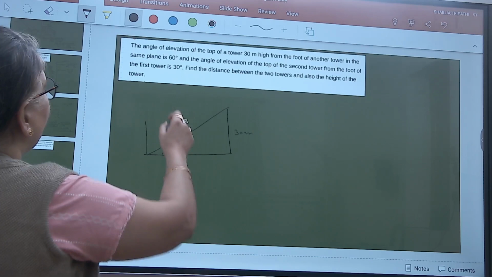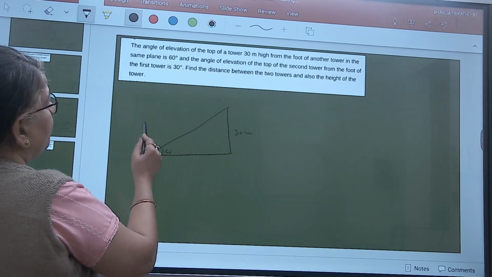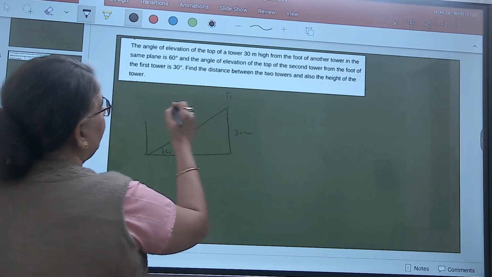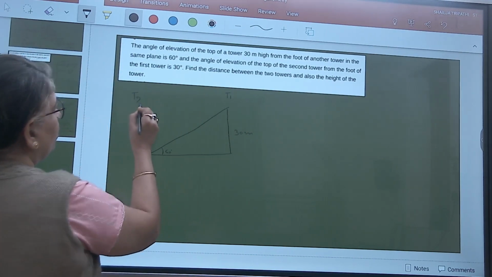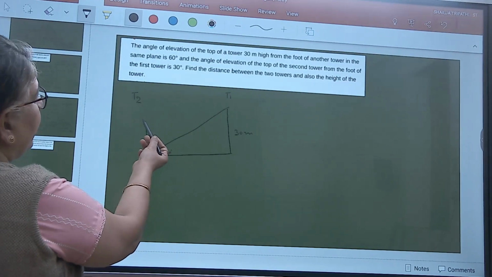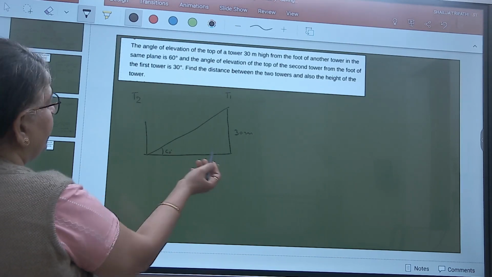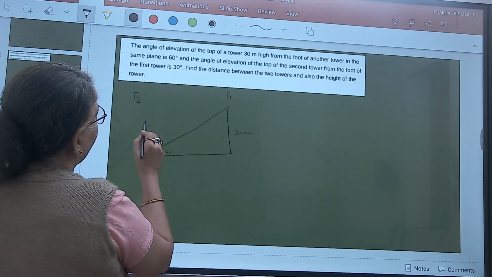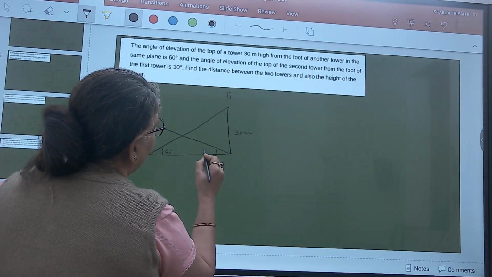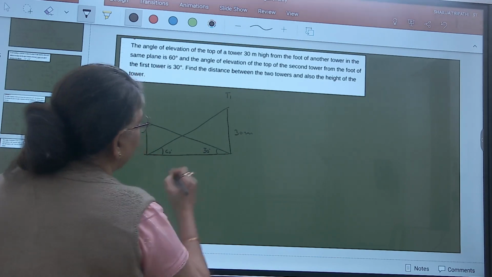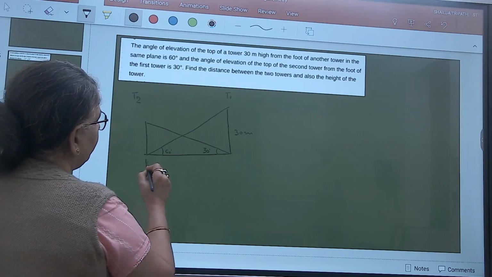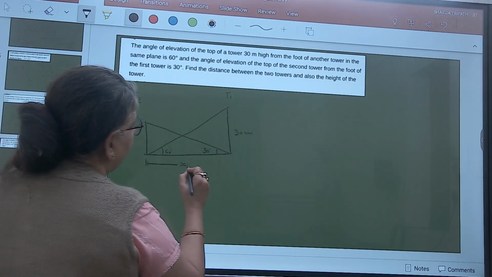Now it says the angle of elevation of the top of the second tower. So this is our tower 1 and this is tower 2. The angle of elevation of the top of the second tower from the foot of the first tower is 30 degree. So join this and you get this angle 30 degree. We have to find this distance between the towers. Let this be x meters.